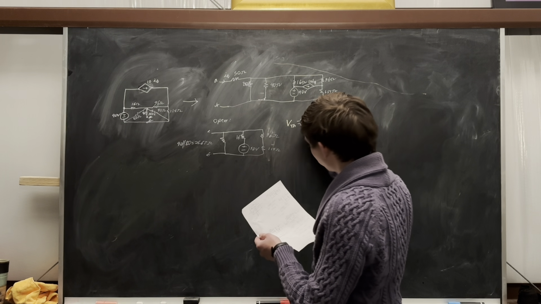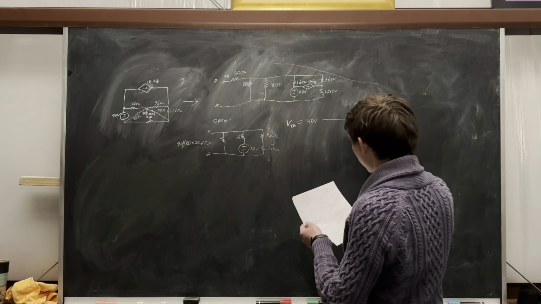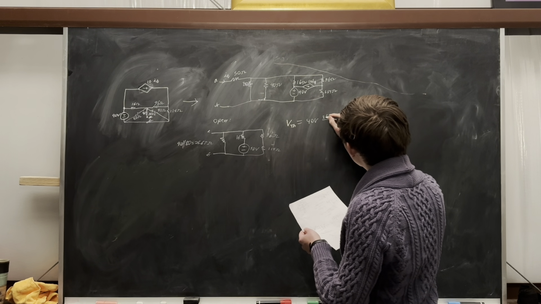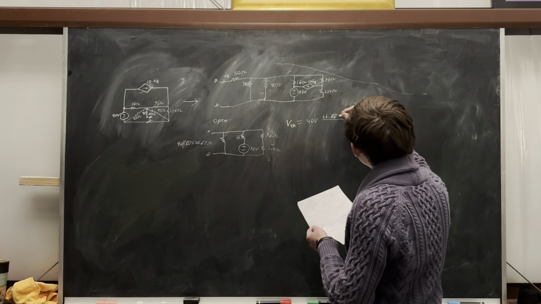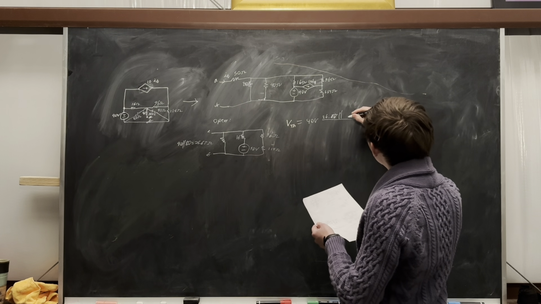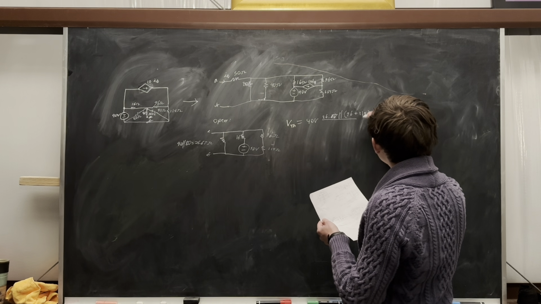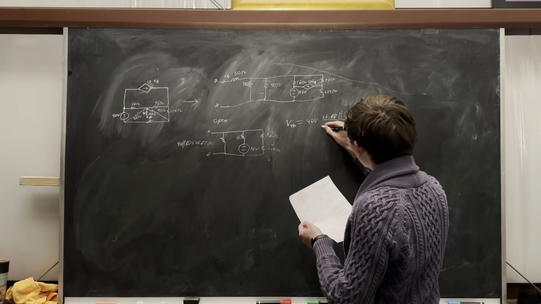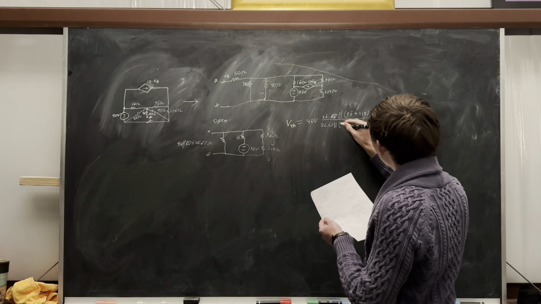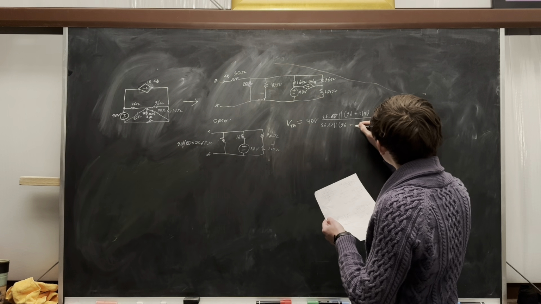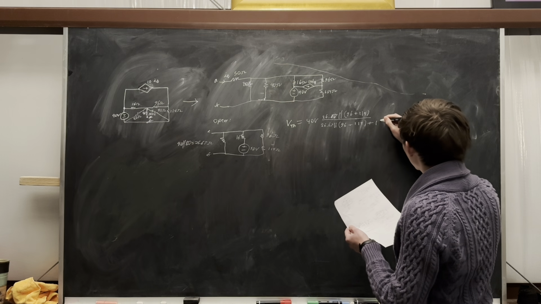Thevenin is 40 volts times 26.67 in parallel with 96 plus 114 over that again, plus the 16 ohm resistor.